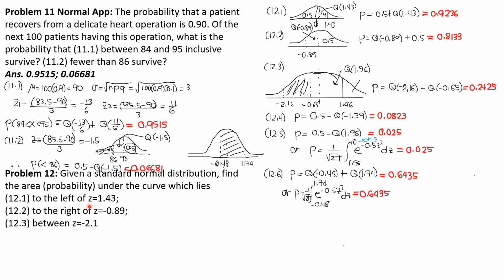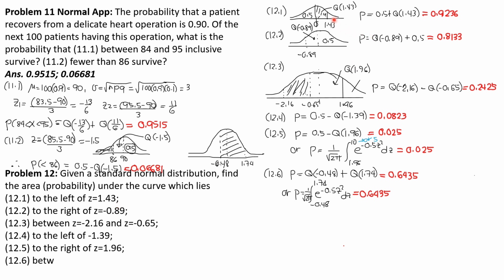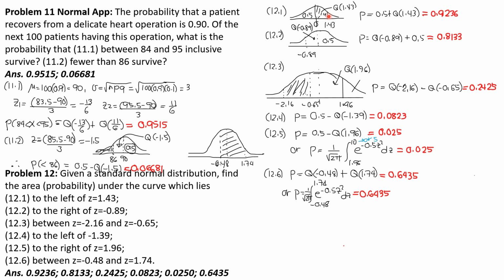Problem 12, given a standard normal distribution, find the area or the probability under the curve which lies 12.1, to the left of z equals 1.43. So this is 1.43, and we are computing for the area to the left of this value. Since this is already 0.5, it is 0.5 plus Q(1.43). And of course, you have to set your calculator in the statistics mode, and you will get 0.9236.